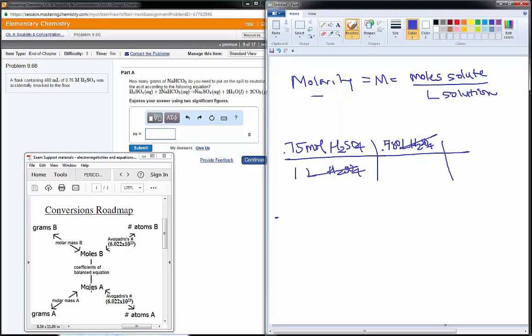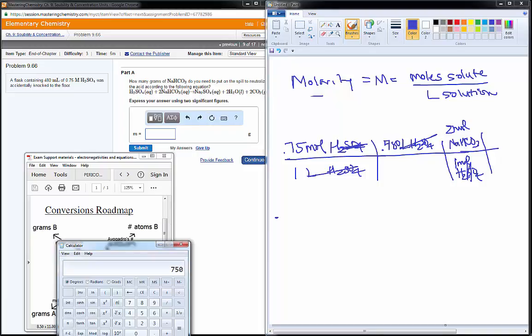I'm at moles of A, and I can get to grams of something else, grams of B, by following the roadmap here. So the coefficients between H2SO4 and NaHCO3 are right there: 1 mole H2SO4 for every 2 moles NaHCO3. And once I get to moles of NaHCO3, I can go to grams if I can calculate the molar mass.